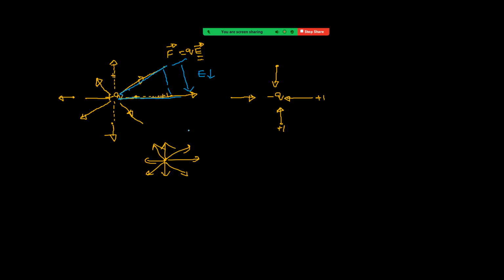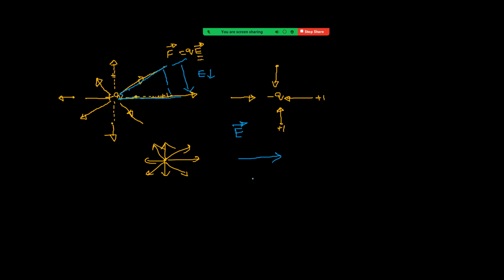For example, let us take a uniform field. Uniform field means the modulus of E bar is the same and the direction is also the same at each and every point.